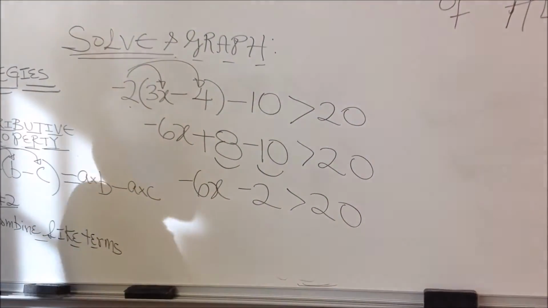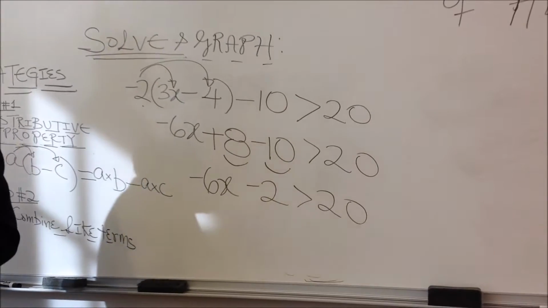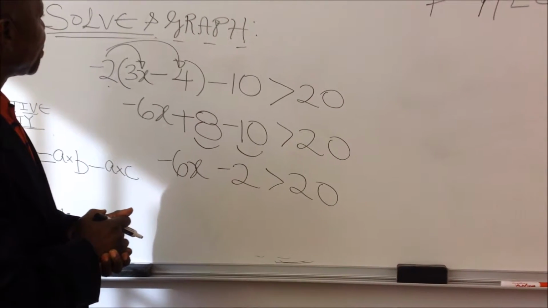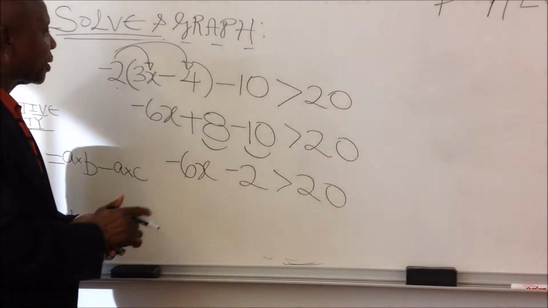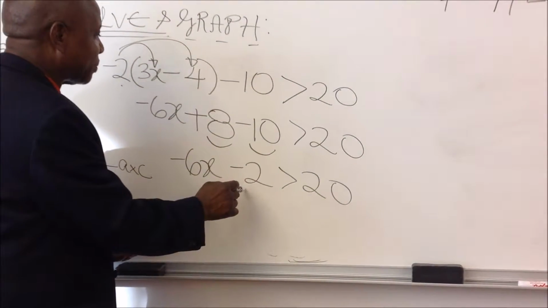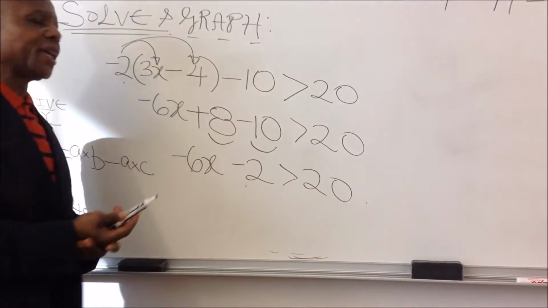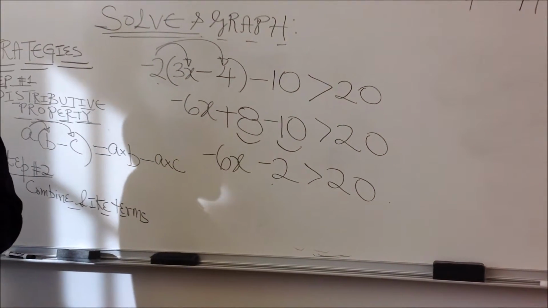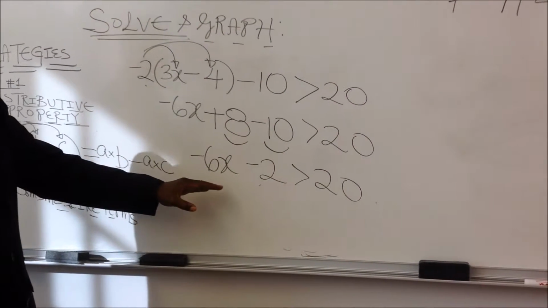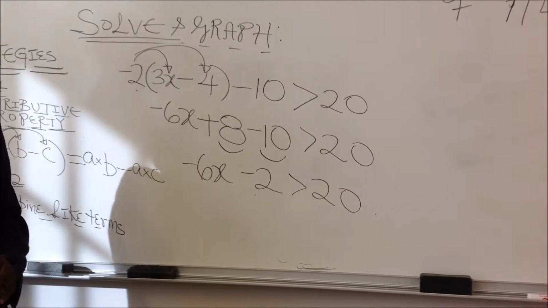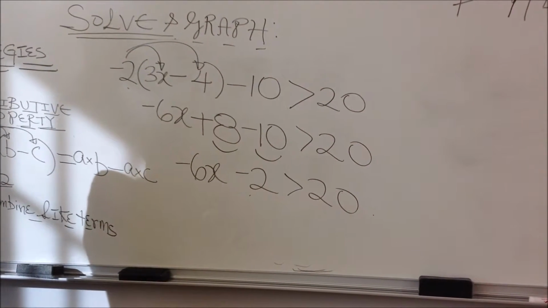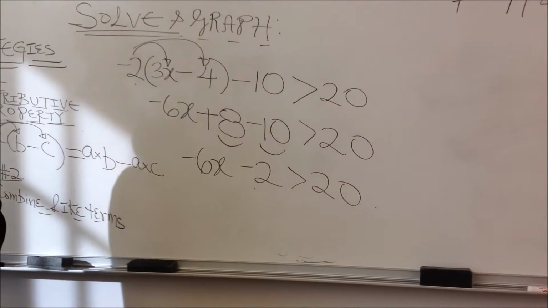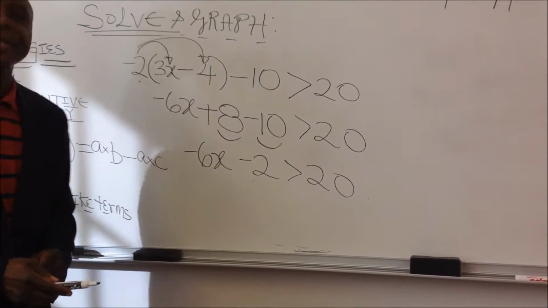So what will be our next step in this strategic problem solving process? Our next step will be to move the negative 2 to the right side of the inequality, because we want to isolate the quantity with x by itself. We want to isolate it from every other quantity in this problem, so we can solve for x.